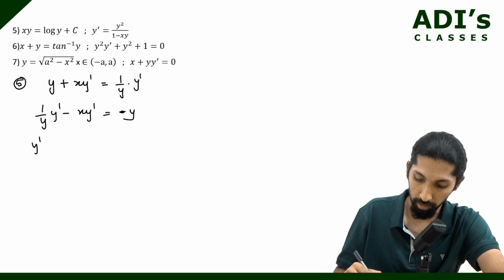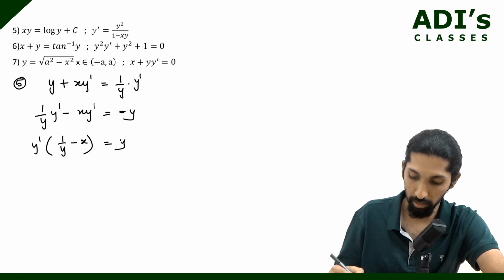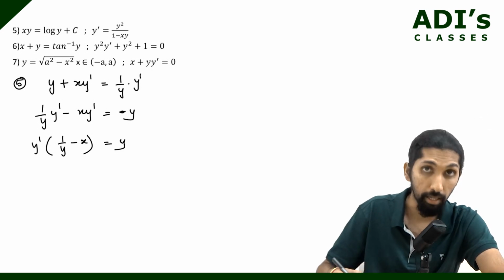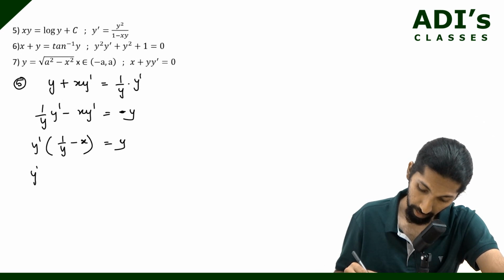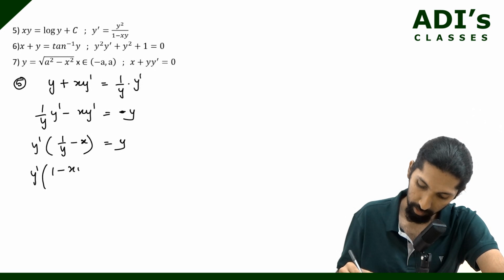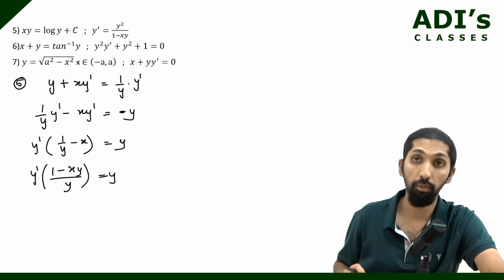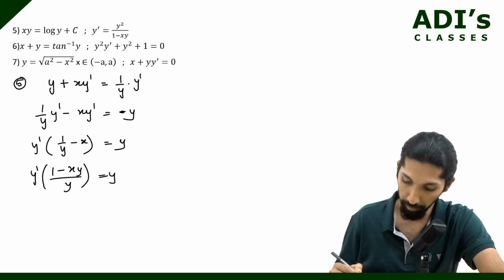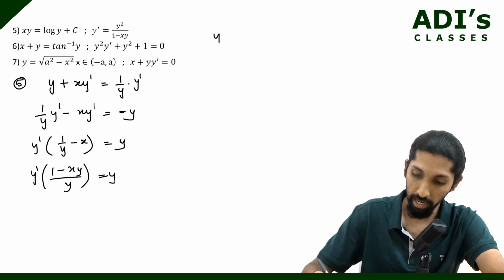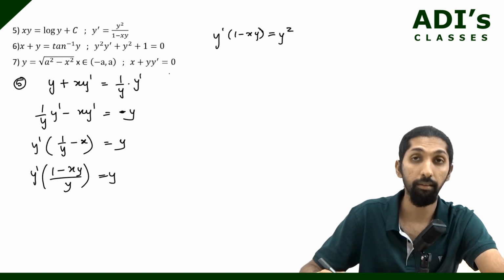Take y dash common. y dash into 1 by y minus x is equal to y. Take LCM. y dash into 1 minus xy by y is equal to y. Cross multiply, y dash into 1 minus xy is equal to y square.